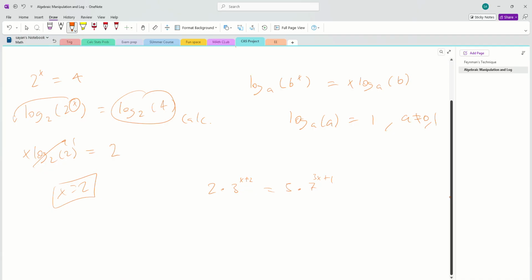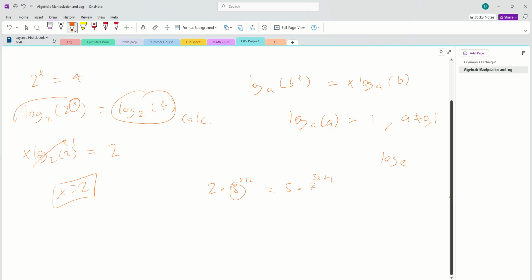Now, if you don't know what the number e is, it's approximately equal to 2.7 blah blah blah. It's kind of like pi. It's an irrational number. I like taking log base e, always log base e. The reason we took log base 2 here is because there's only one base, and it's 2.